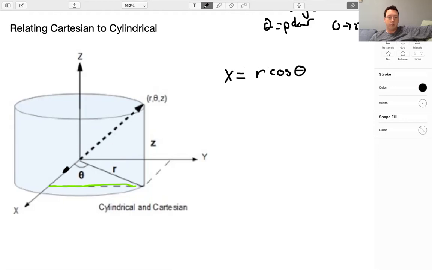Right, just coming from here. y is going to be, this part is going to be r sine theta because it's just the opposite from the angle. And in cylindrical coordinates, z is just one of the coordinates.